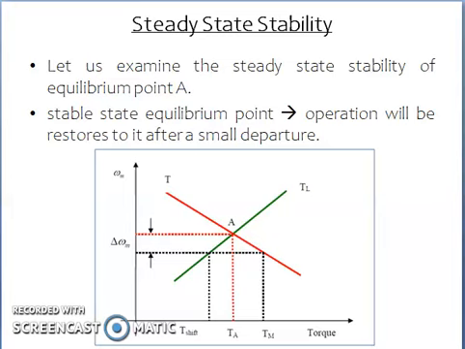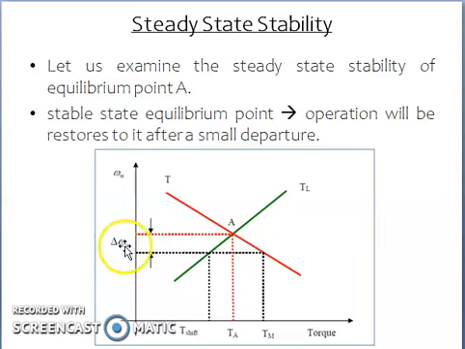As an example, let us examine the steady state stability of equilibrium point A, this point. The equilibrium point will be termed as stable when the operation will be restored to it after a small departure from it due to any disturbance in the motor load system. Let the disturbance cause a reduction in speed, say delta omega m.